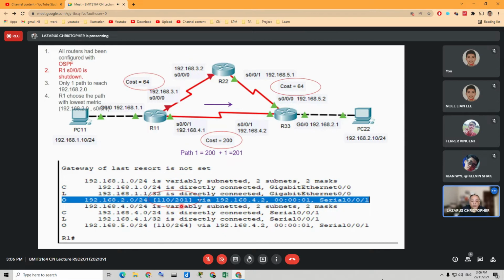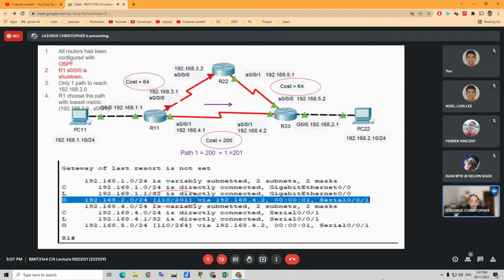Therefore, this path now becomes the entry in the routing table. When it tries to match this destination network, it will match this path.